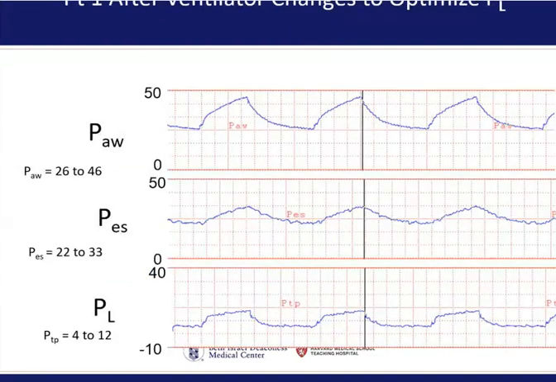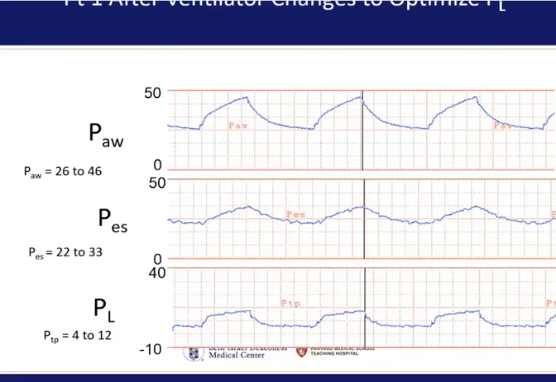And we redid the measurements. So you can see increasing the PEEP from 13 to 26 brought this patient's transpulmonary pressure at end expiration up to only 4. So that's the equivalent of applying actually 4 of PEEP to this patient. Increasing the airway pressure, the plateau pressure to 46, increased the transpulmonary end inspiratory pressure only to 12.